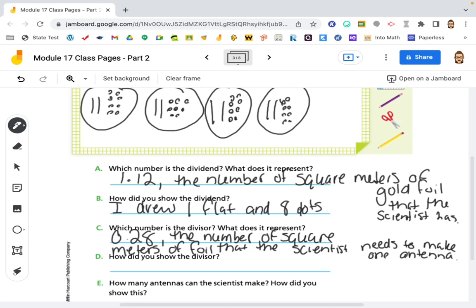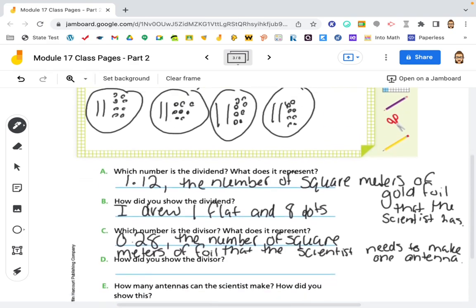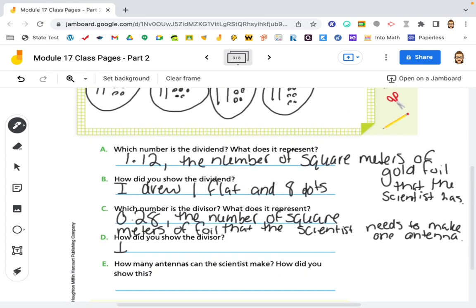So how did you show the divisor? I created groups of 2800ths.